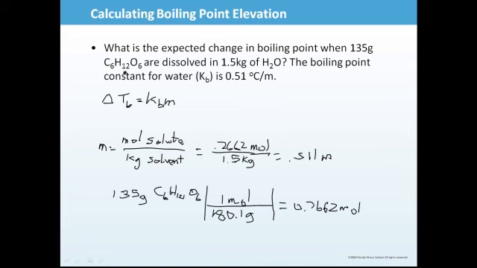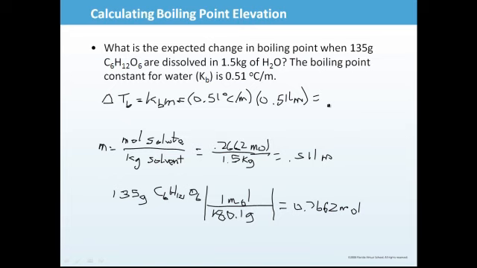Okay, so now back up to our first equation, the original equation up here. KB we already know again is 0.51 degrees Celsius per mole. The molality we just determined was 0.511.